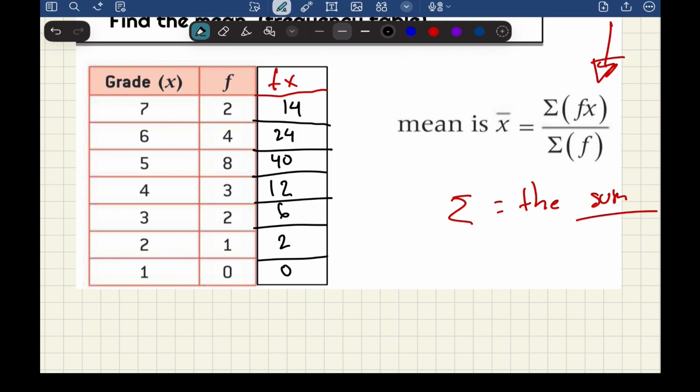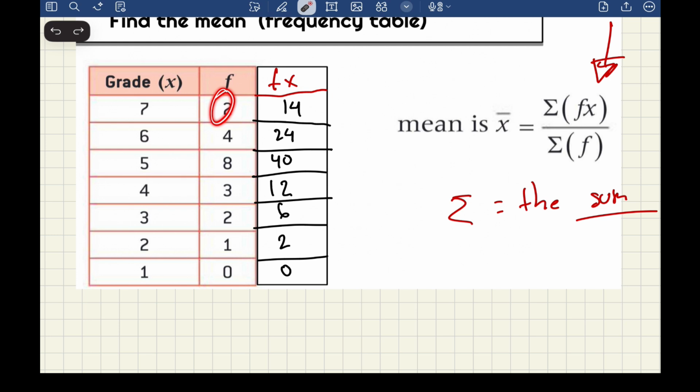So basically we need 2 sums. We have the sum of the frequencies. So we need to sum 2 plus 4 plus 8 plus 3 plus 2 plus 1 plus 0. Okay, then we need the sum of 14, 24, 40, 12, 6, 2, and 0.